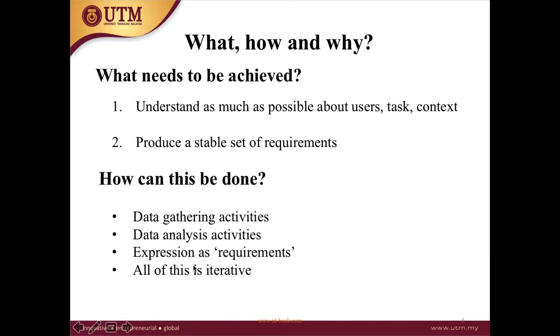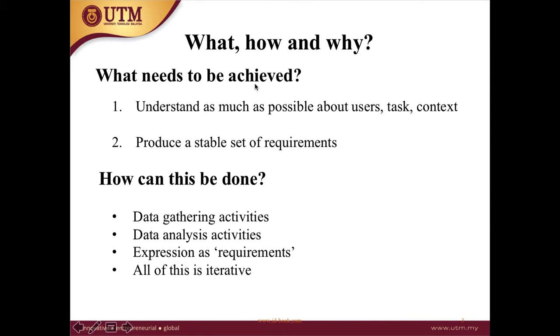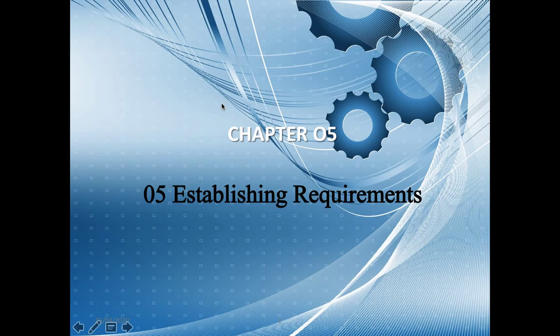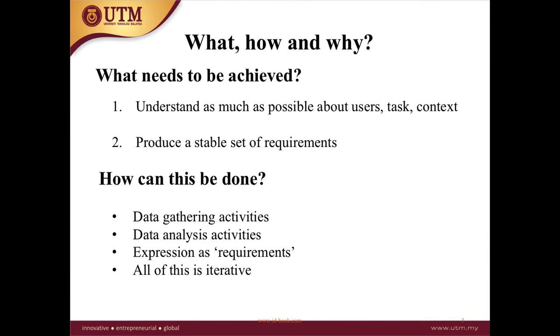So after you get the data, you're going to convert all of this into task description and task analysis. Okay, what, how, and why? What needs to be achieved? After the process of interaction design, the first activity is identifying user needs and establishing requirements, the first thing you have to do.